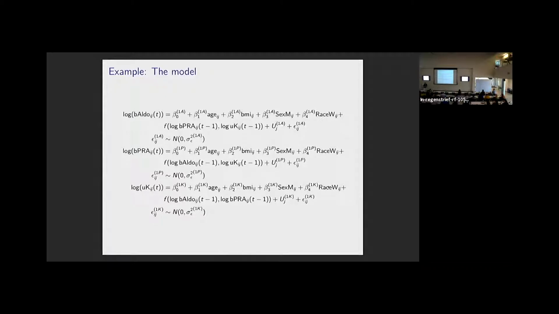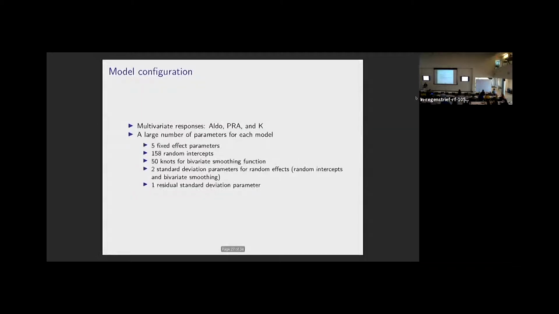Here's the model. This is a very simple model with only three outcomes. And here, for example, aldosterone was modeled as a function of plasma renin activity and potassium with other things. If you look at the number of parameters, we have 5 fixed effects. These are the race, sex, BMI, age, all these. We have 5 parameters, but we have 3 outcomes, so that would be 5 times 3.